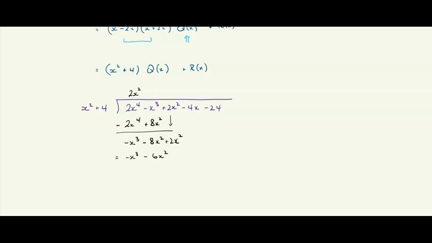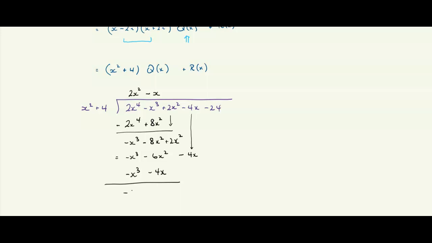Right, so now I'll look for my quotient at minus x. Would you agree? Minus x times x squared is minus x cubed. Minus x times 4 is minus 4x. Now I do a subtraction. I better bring my minus 4x down here, hadn't I? So I've got a minus 4x here as well. So that's cancelled.